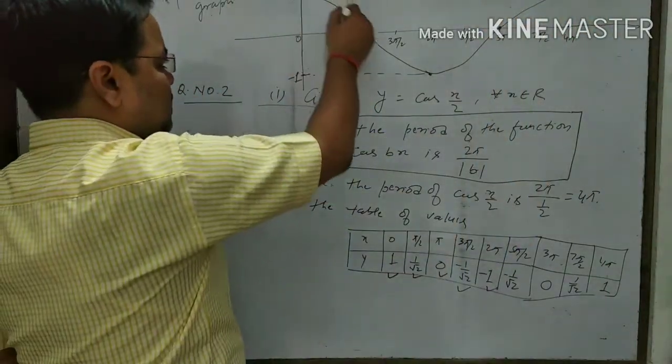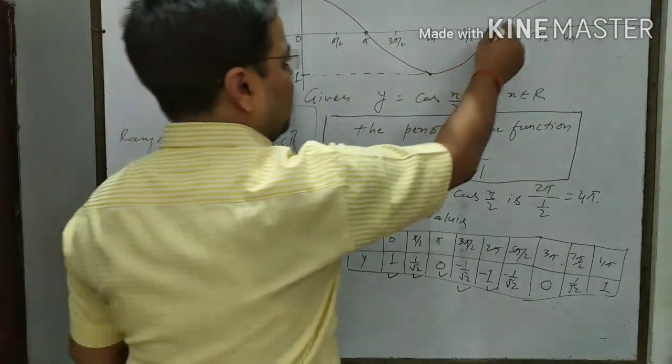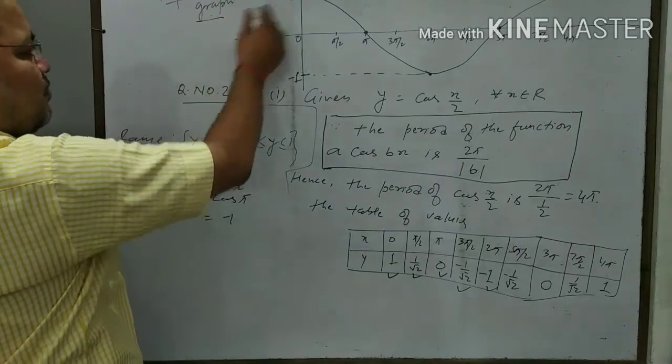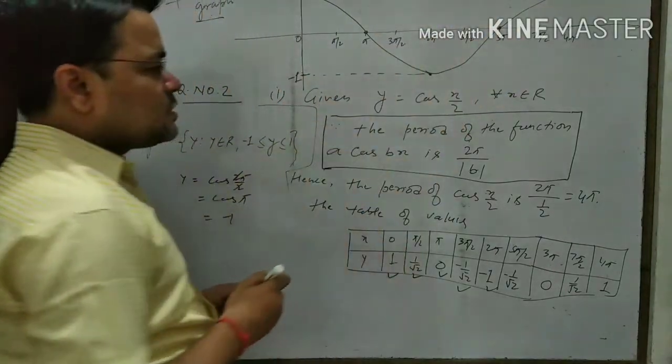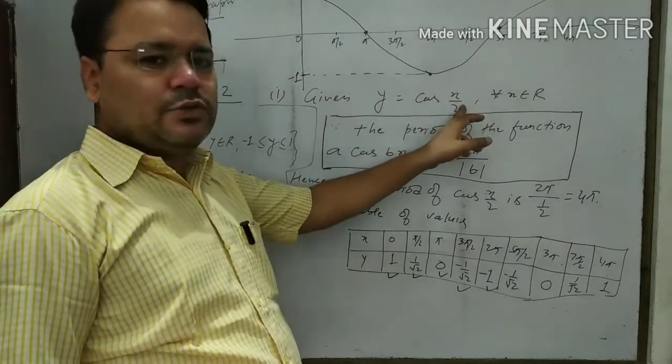Now we just join these dots and make the required graph. The graph will be like this. This is the graph of the trigonometric function y is equal to cos x by 2.